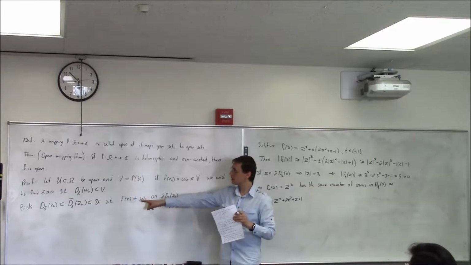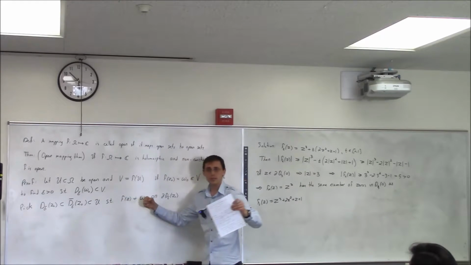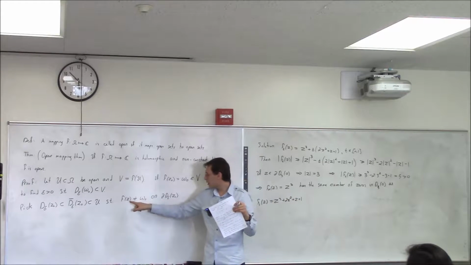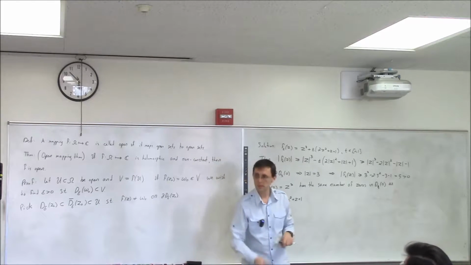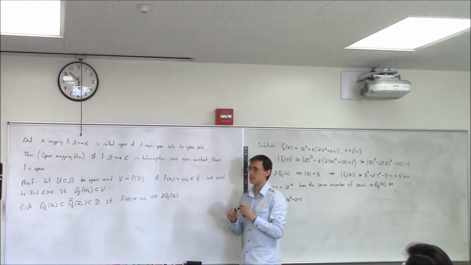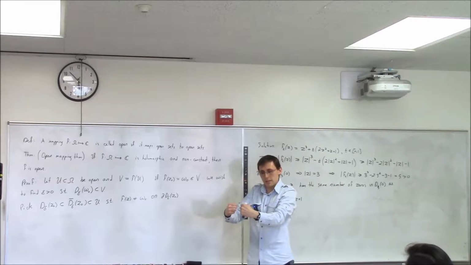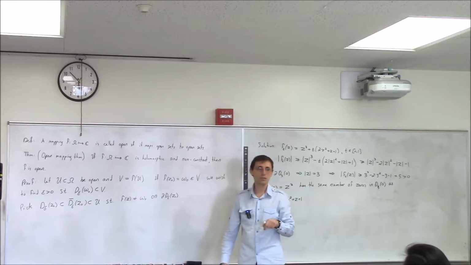Tell me. So you see I pick this disk around z0, and I can narrow it enough and be sure that on the boundary f of z never equals w0. How do I know that? How do I know that I can squeeze the disk and there is nothing on the boundary that will equal w0?